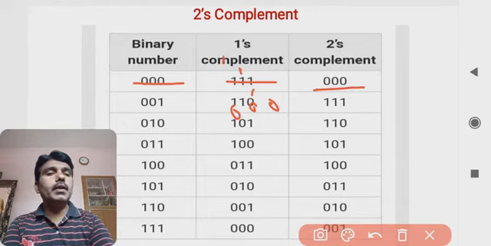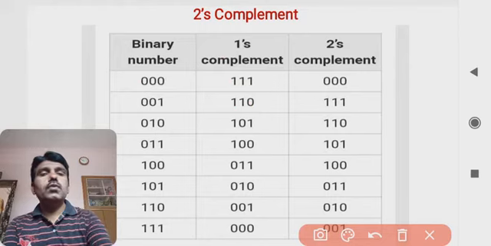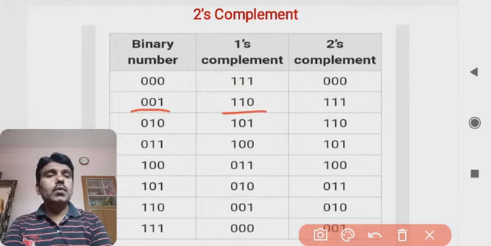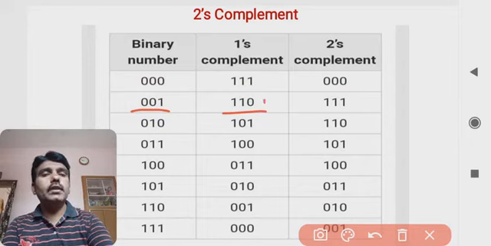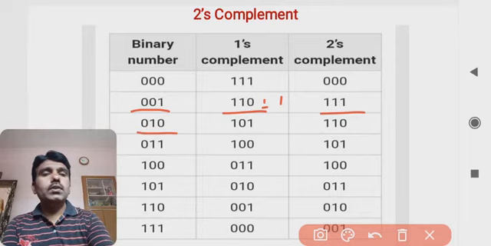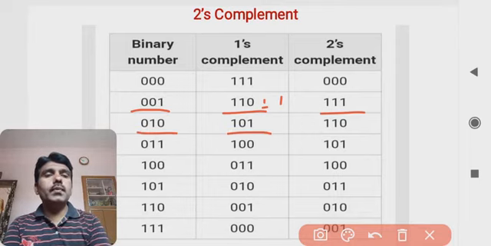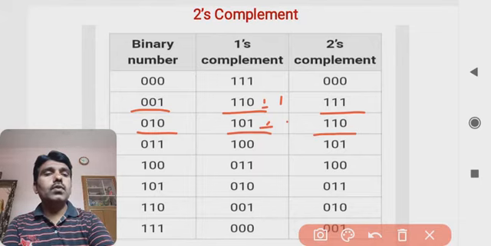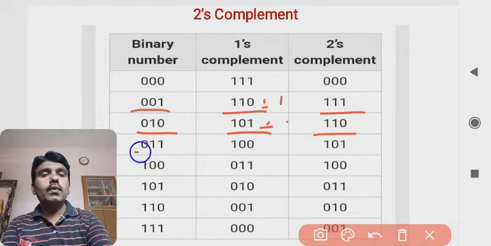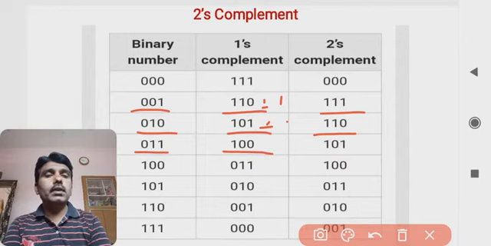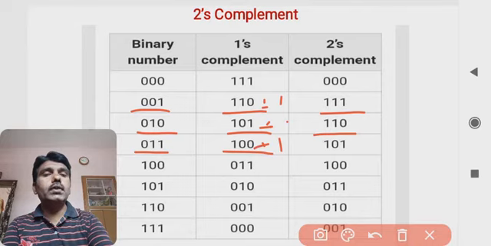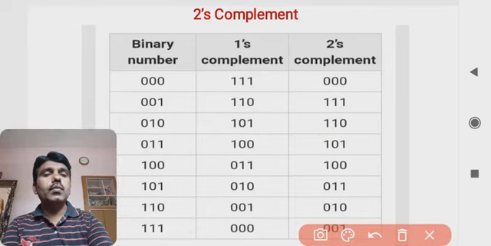So the 2's complement will again be 000. For 001, the 1's complement will definitely be 110, and if you add 1 you will get 111. For 010, no doubt the 1's complement will be 101, and if you add 1 that will be 110. For 011, you will get 100 by inverting it, and if you add 1 into it, 101 will be the 2's complement.